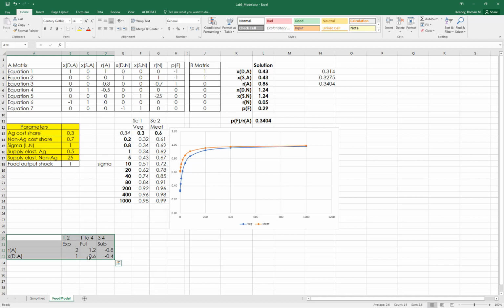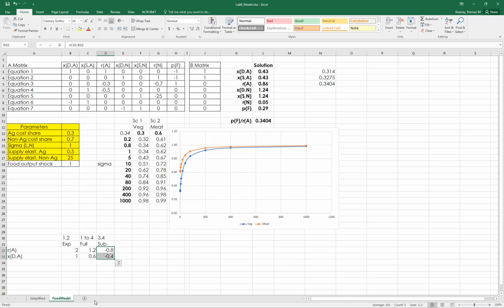Now let's do the full solution when we allow substitution, and let's see how much of the fact that the farm price isn't going up the full amount is due to the fact that you can substitute other inputs for it. Okay, I think that should be good for our lab video, our lab walkthrough.